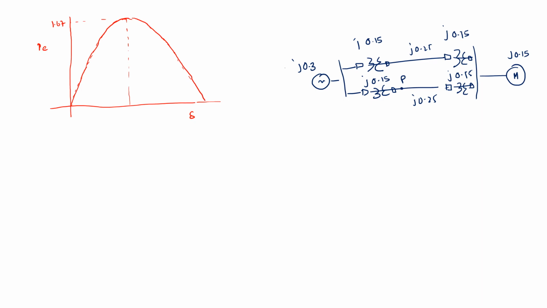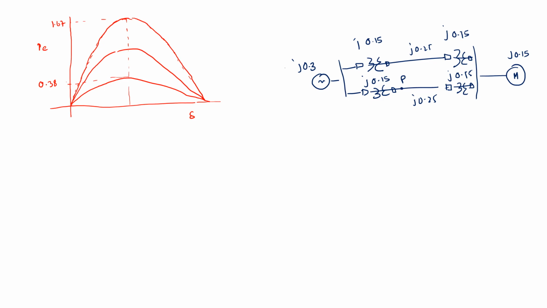Now we have calculated that the during fault curve is the curve where there was a substantial decrement in the maximum power. So this is 0.383, the particular equation we have written. And again, if I want to draw the post fault curve, I can draw it like this.